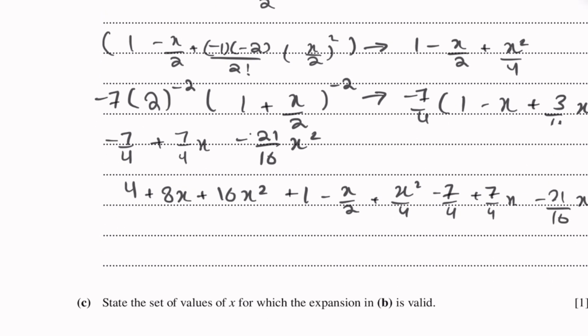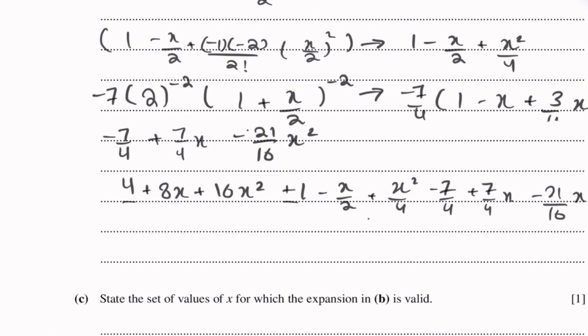Now get all the constants together: 4 plus 1 minus 7 over 4 is going to be 13 over 4. And then 8, negative half, and 7 over 4 is going to be 37 over 4 x.